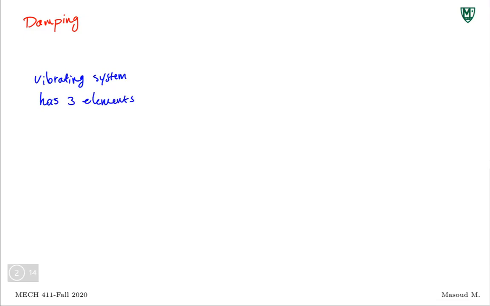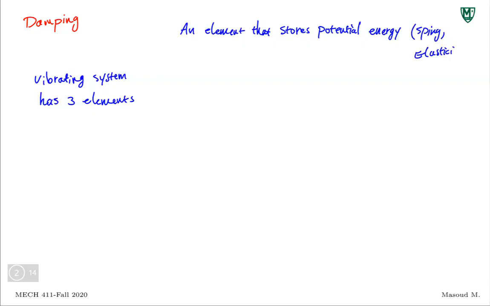The first one, as I said, is an element that stores potential energy. The example was spring or elasticity. We'll talk about elasticity a little bit later, in this class, maybe a week or two from now.